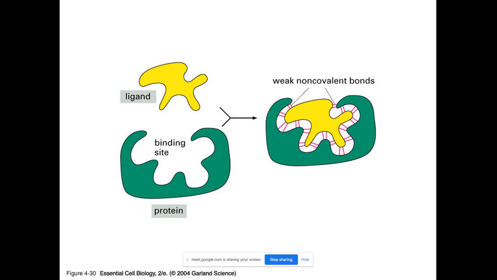So now, in place of the ligand, in place of the substrate, we can take the drug or any inhibitor molecule, and we can inhibit the target protein binding site from pathogenic bacteria.